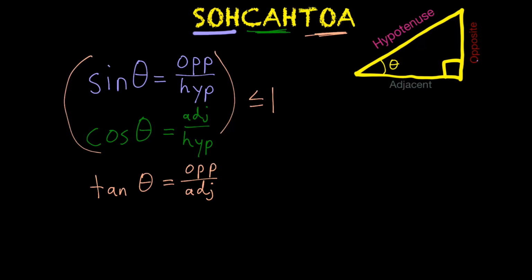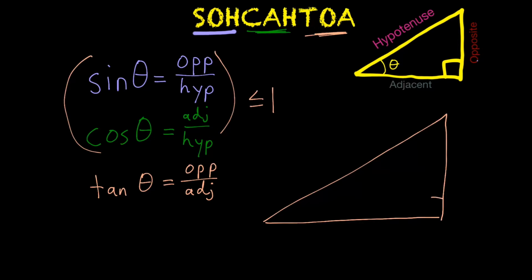So the other thing to think about is if we have a triangle, let's just draw a big triangle here. Okay, so this triangle has angle theta here, and so the sine of theta, as we said here, is opposite over hypotenuse. Well, what happens if this angle theta gets smaller?